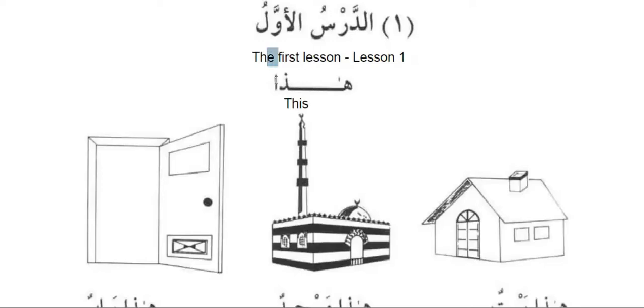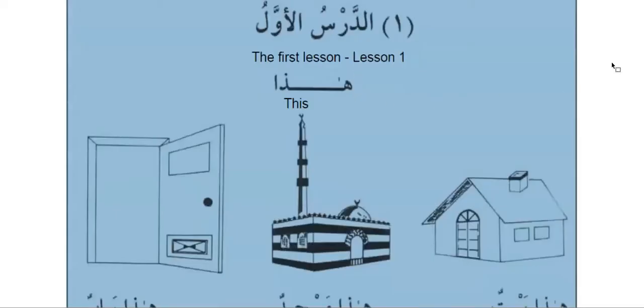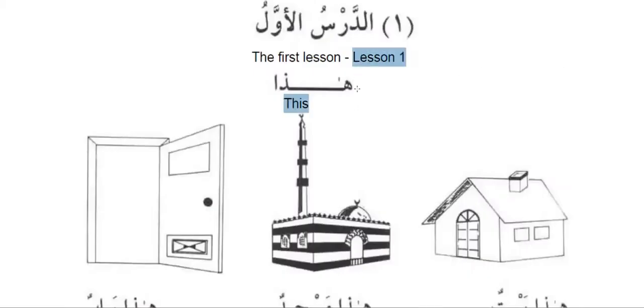Hadha, this. Hadha is what is called ismul ishara lil-qarib. It's the demonstrative pronoun for something that is near, this.